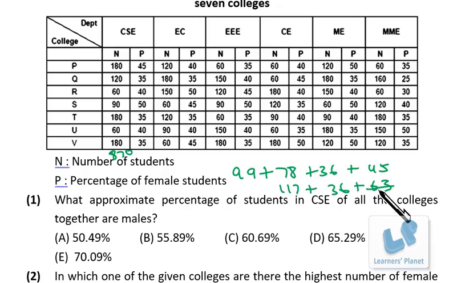Sorry, this and this will be the same, so this is also 117. Since the options are quite far from each other, instead of 87, I'll just make it 90 and get just a round idea, right?